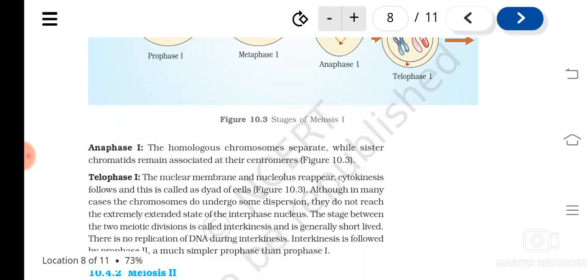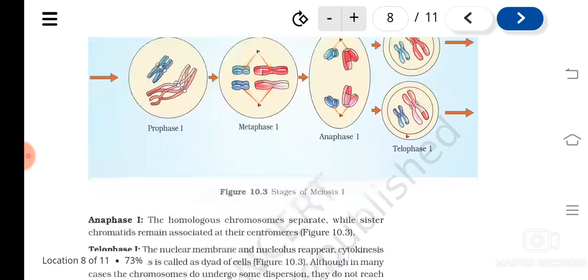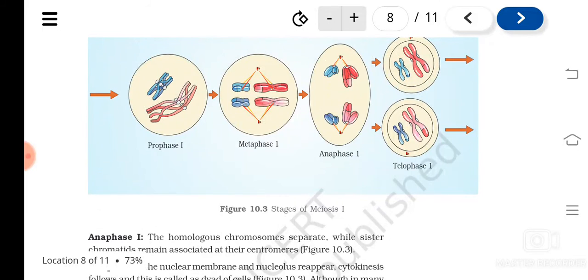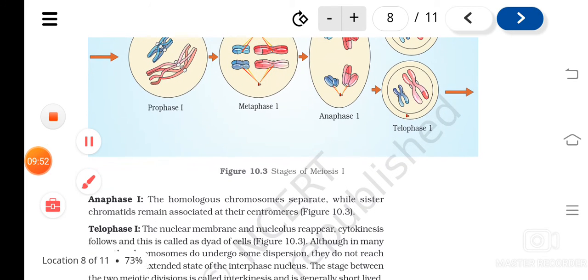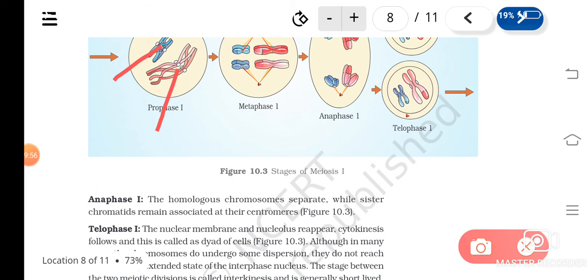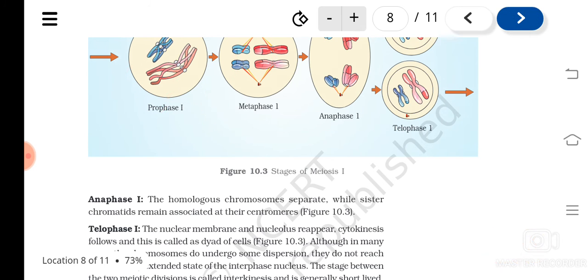Then the next phase is anaphase 1. During anaphase 1 the homologous chromosomes start separating. You can see here, this was one pair and this is another pair, and they get aligned in the form of pairs only, one pair, second pair, in the center in metaphase.